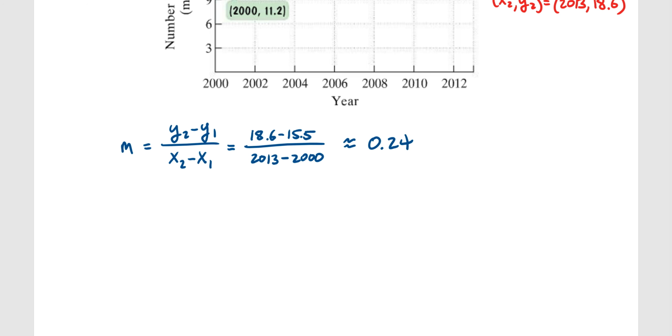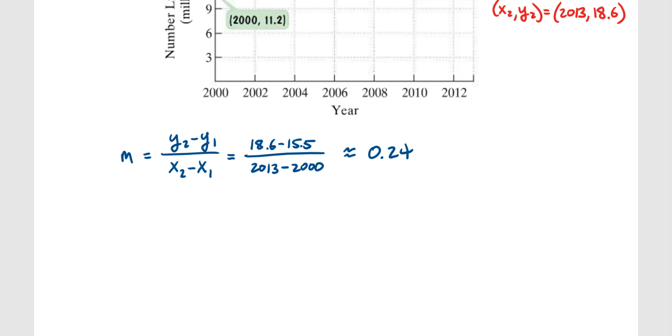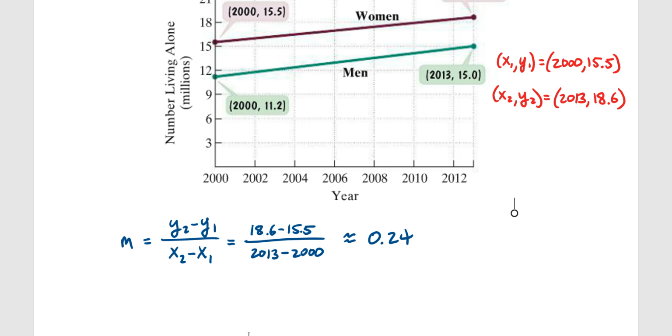Okay, so now we need to think of what this means. Since slope is the change in y divided by the change in x, it's going to be the units of y divided by the units of x. So the units of y is going to be the y-axis, and the units of x is going to be the x-axis.